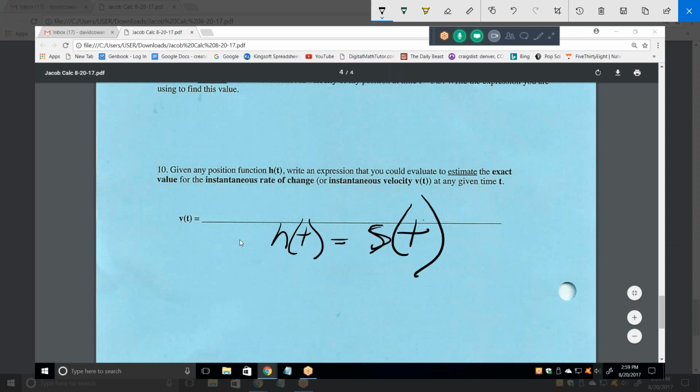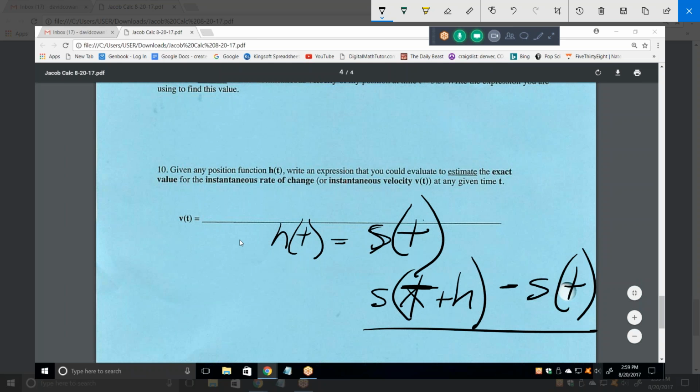Well, if I want the instantaneous velocity at any point in time, it's s of t plus h minus s of t, all over h, and I'm going to find the limit as h goes to 0.